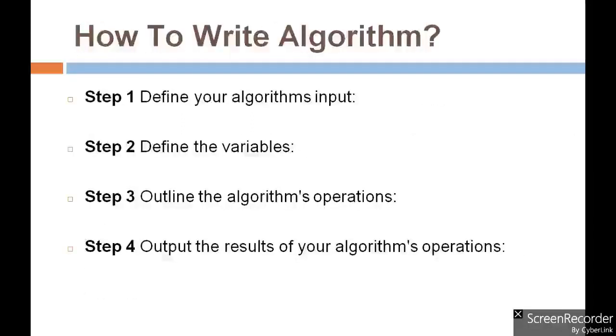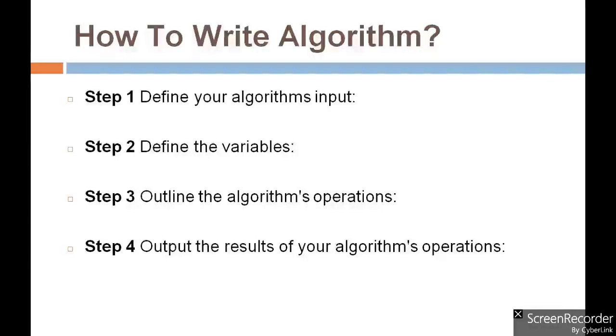Now let's see how to write an algorithm. Generally algorithms are the stepwise solutions of a problem. So we will write each and every solution step, each and every statement in the algorithm in a stepwise way. Okay, so step 1 should be: define your algorithm's input.